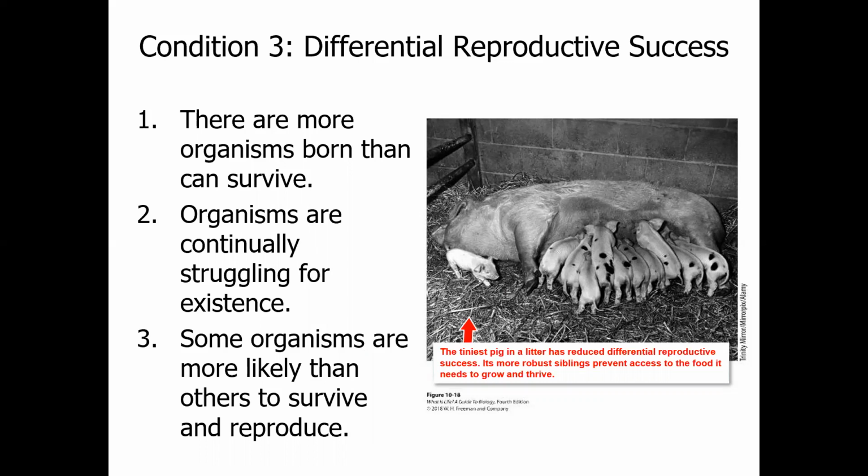They are not necessarily going to be winners just by being alive. They have to have some trait that allows them to exist, that allows them to not get weeded out. And since some organisms are more likely to survive and reproduce, they will pass on their genes to the next generation. It's called differential reproductive success because not everyone has equal opportunity to reproductive success. Some are going to have greater opportunities, some are going to have less, depending on the environment and what genes are currently in play for that population.